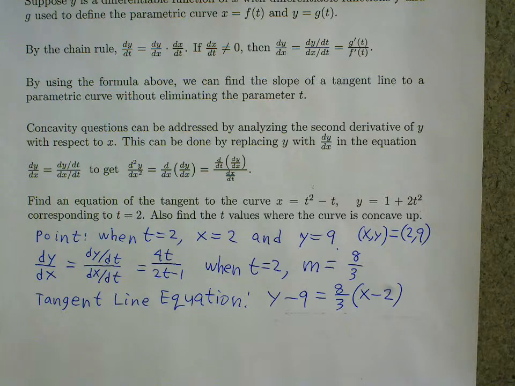Yeah, if the second derivative is positive on an interval, the graph is concave up. So we want to find the second derivative in terms of t, and then determine for which values of t the second derivative is positive.